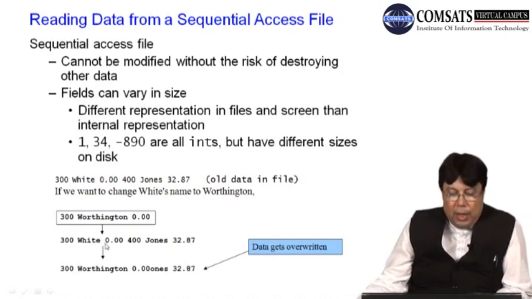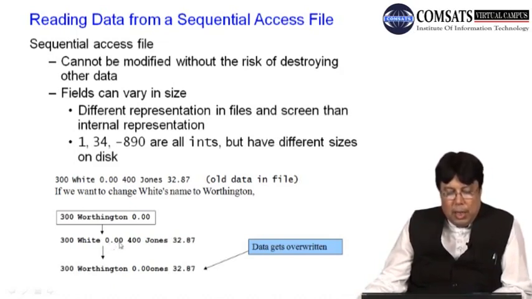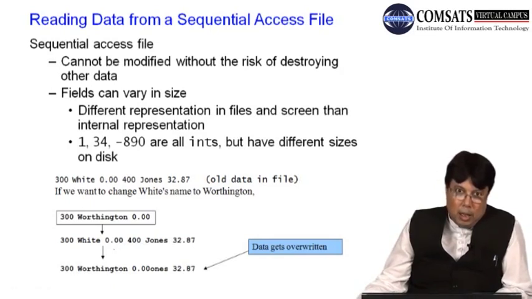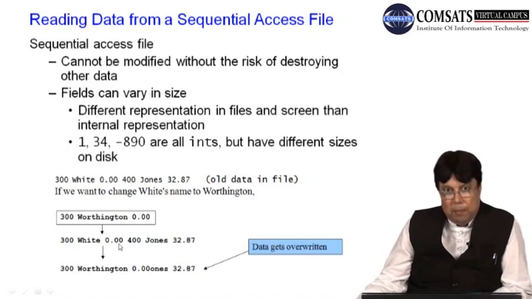Then it will have another data field that indicates your account balance, and then comes the next employee account number, 400. Now this could be 4 bytes, representing the float data here.